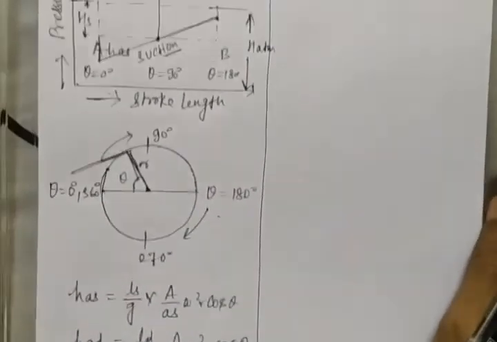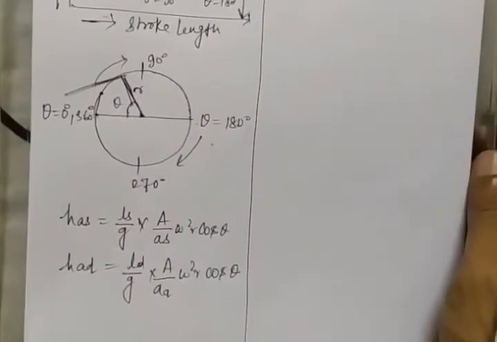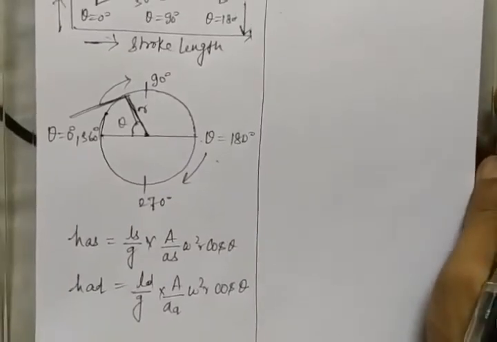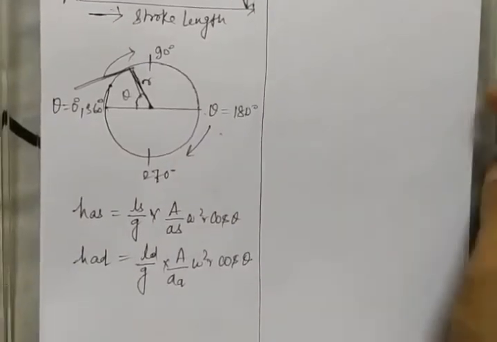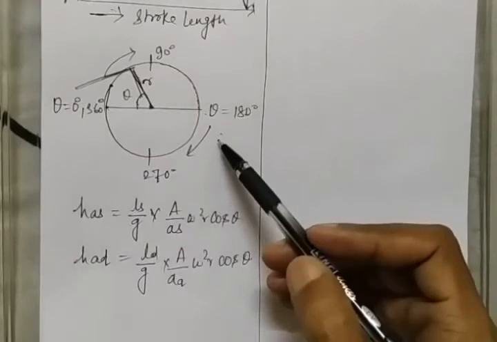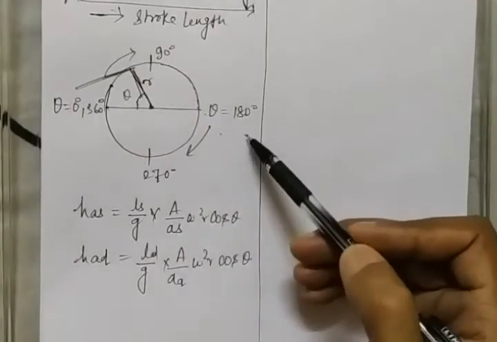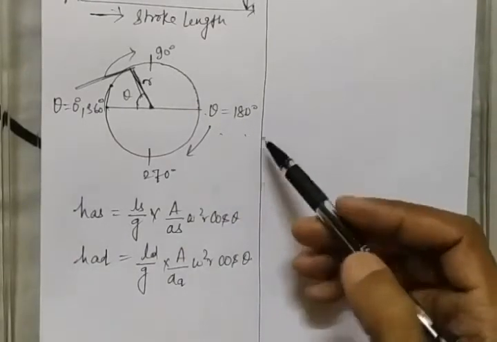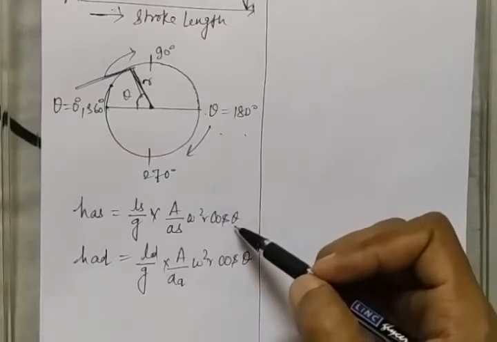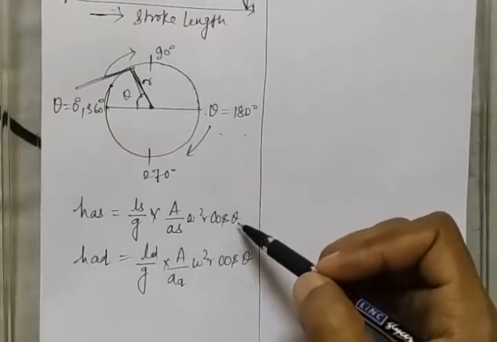So guys, one more thing. If you see from theta is equal to 180 degree, then at theta is equal to 180 degree, what will the value of cos theta be? That will be negative.